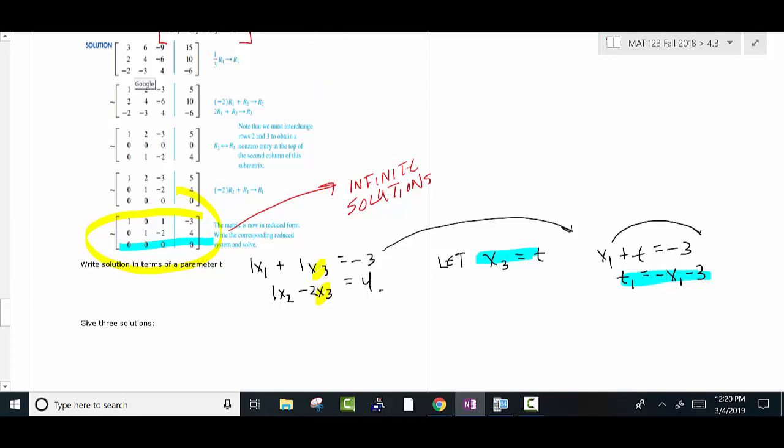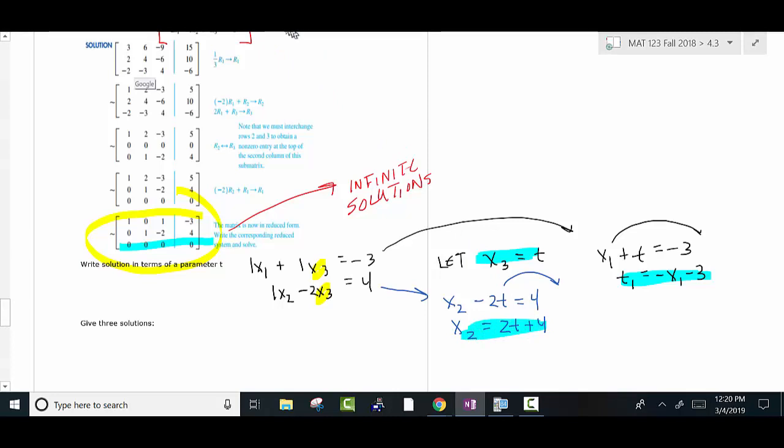Okay? Second thing we do is take the second equation, do the same thing. This is just going to say x2 minus 2t equals 4, and then solve that equation for x2. Okay, so you can do that in your head. You just move the 2t to the other side, so you get x2 equals 2t plus 4. Okay, and I'll pause there and kind of explain what I'm doing on that.